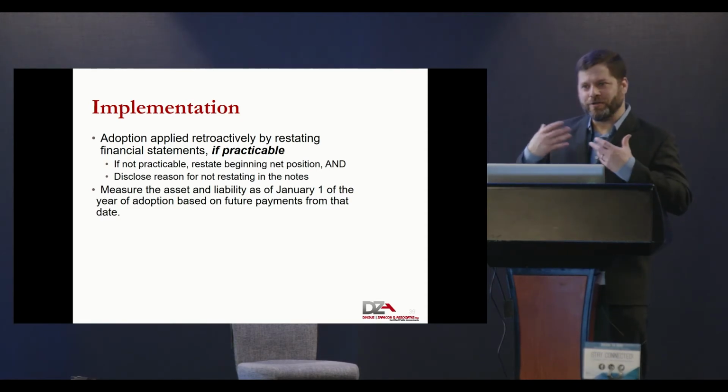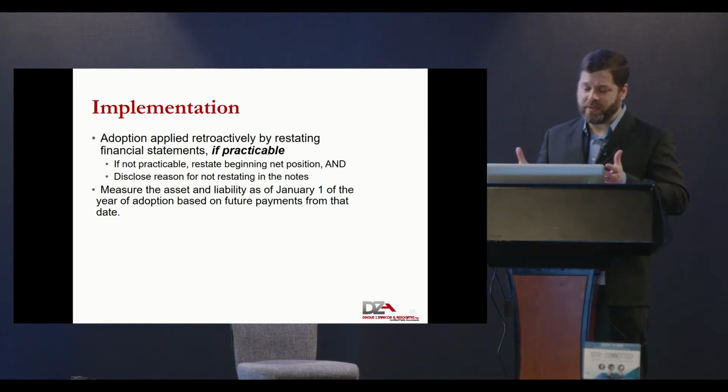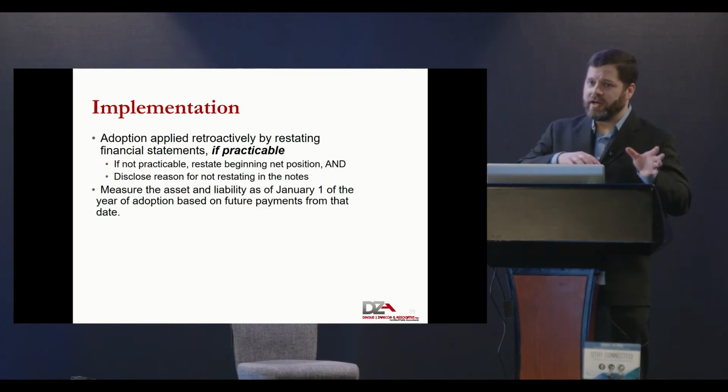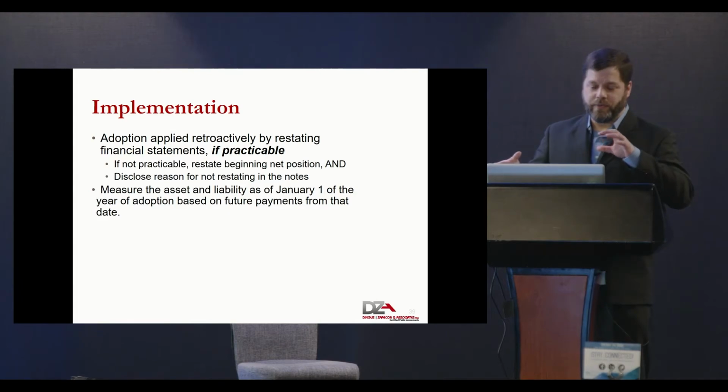This is just our DZA interpretation, and what we're recommending to our clients is that, using this phrasing of if practicable, we think it's not really going to provide enough benefit to users of the financial statements compared to the cost of going back and recalculating the liability amounts and asset amounts for both years. And all you have to do is put a note about that, and we have some sample wording for that.